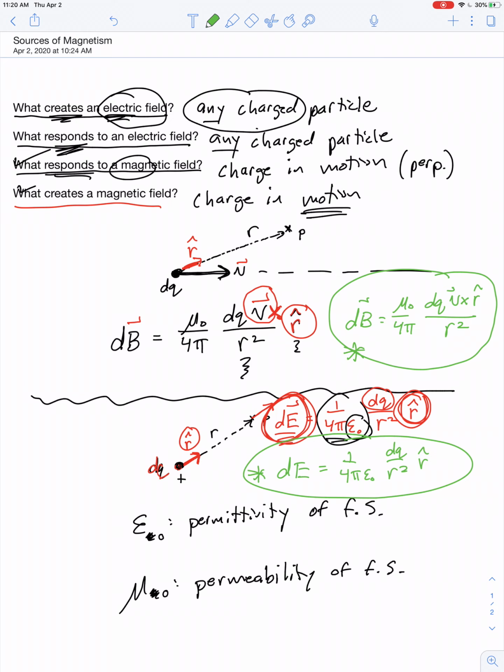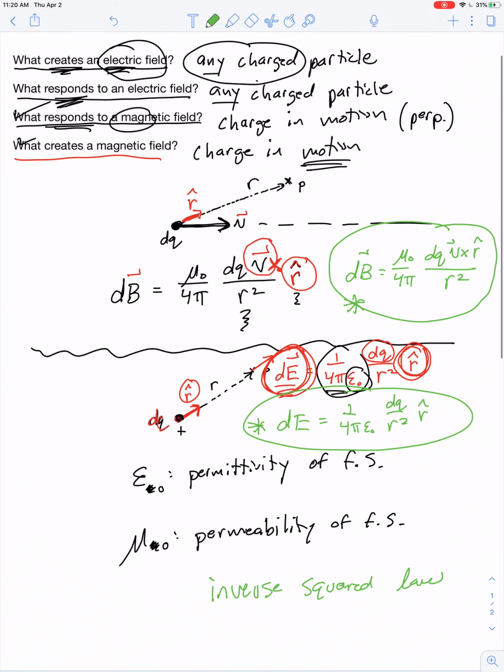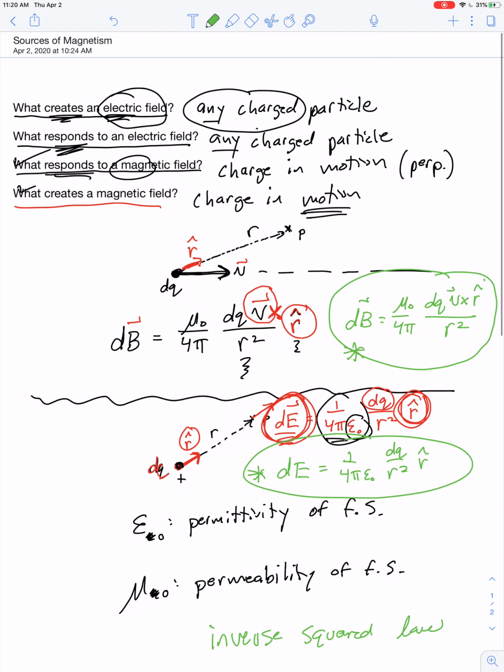It's worth noting that these are both examples of an inverse squared law. So taking the cross product, there's a little bit of a challenge there. The question is, what's the direction of the magnetic field that results at point P? Well, I can tell you that little bit of magnetic field that we're calculating would point out of the page. But we'll get into the direction of all these vectors in another video.